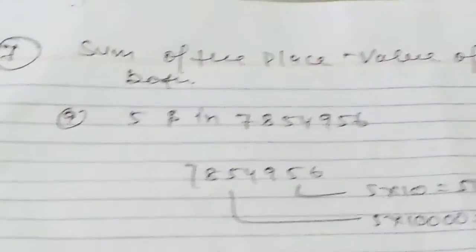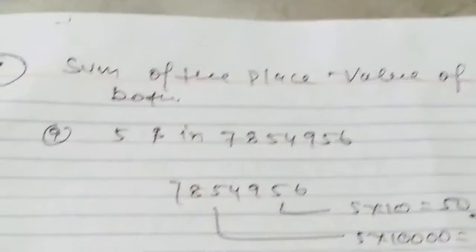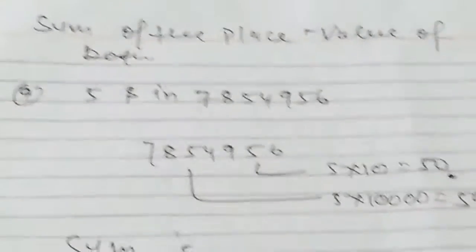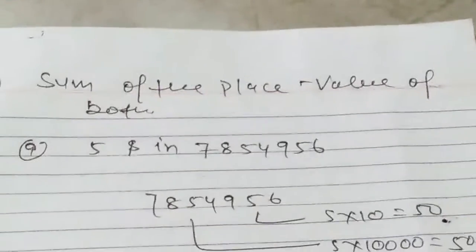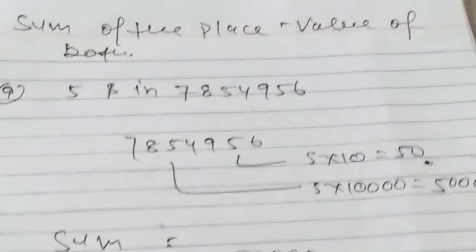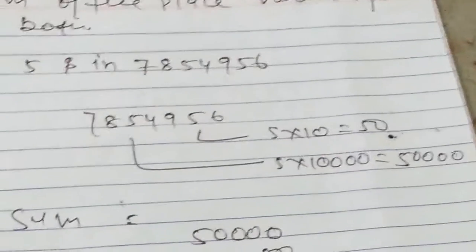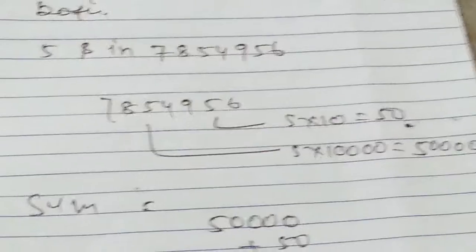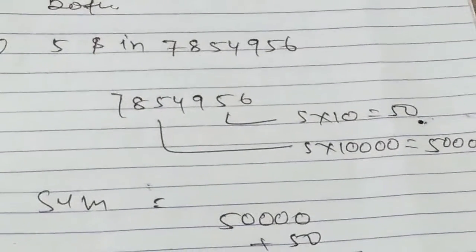And question number 7. Sum of the place values of both 5s in 7854956. At first we write the number 7 8 5 4 9 5 6 and find the value of both 5s. The first 5 is at the place of tens, and the second 5 is at the place of 10,000s.